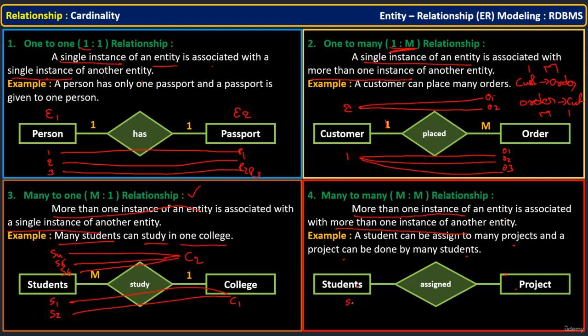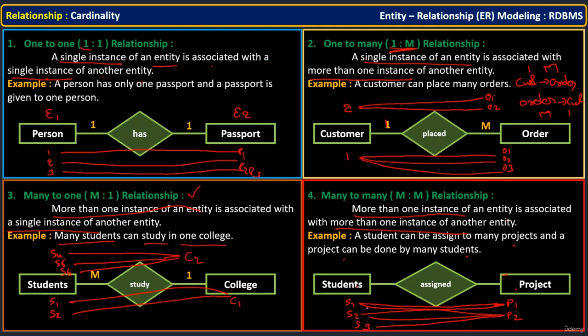For example, take S1, S2, S3 and project 1, project 2. Assume that student 1 and student 2 are doing project number 1. Then student 2 and student 3 are doing project number 2. And student 1 can also do project number 3.